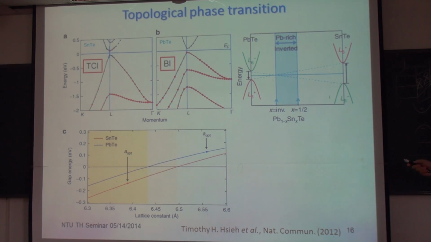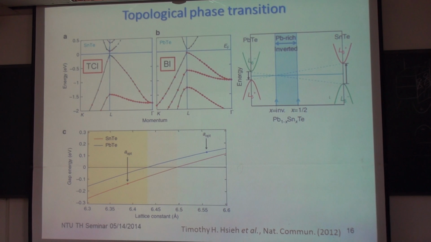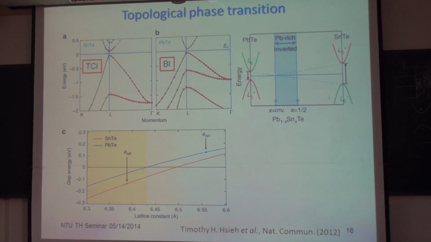But for lead telluride, you have the red dot only in the valence band. So this band inversion phenomenon occurs only in tin telluride. So as you can expect, if we do this element substitution, increasing the concentration of lead, then we can tune from a trivial band insulator to a nontrivial topological crystalline insulator.